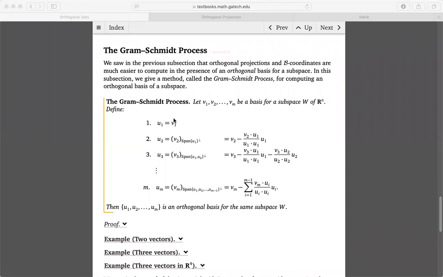So what you do to begin with, always, is start with your first vector, and then you get your second vector by just applying the formula. And then if there's a third vector, you apply the formula again, and you just do that until you're out of vectors. That's really all there is to it.